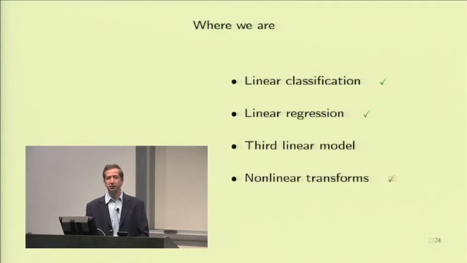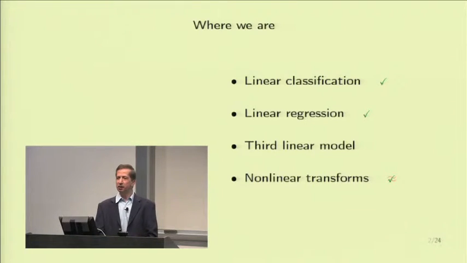In the case of nonlinear transforms, we are almost done. We did the techniques, but remember, we left at a point where we said the nonlinear transforms are a very useful tool, and they actually can make us separate any data points by going to a sufficiently high dimensional space. And we had a suspicion that this is not really a safe process to follow. We have to worry about generalization issues.